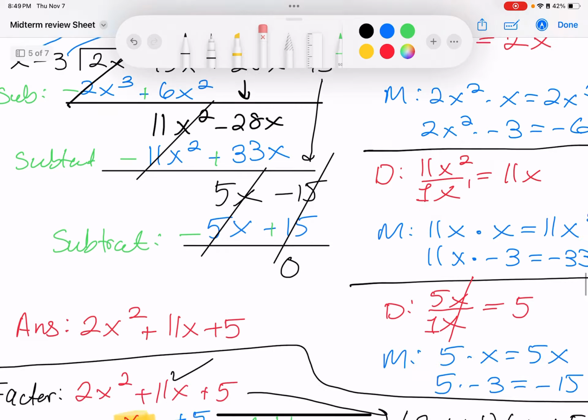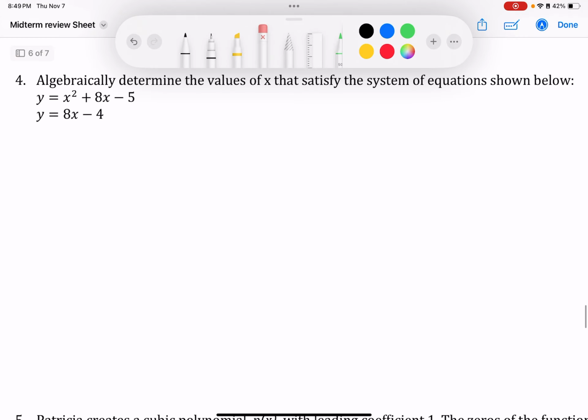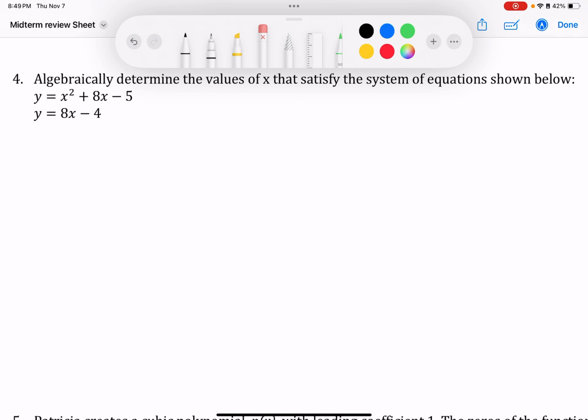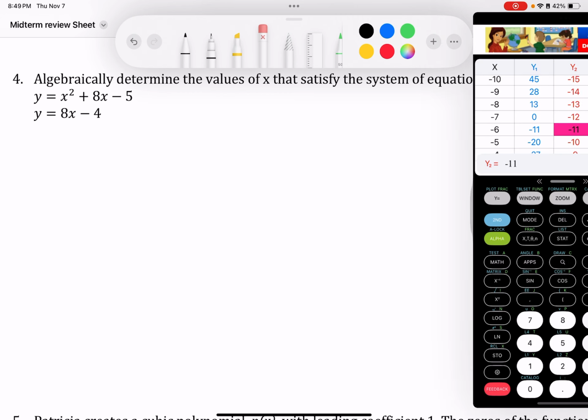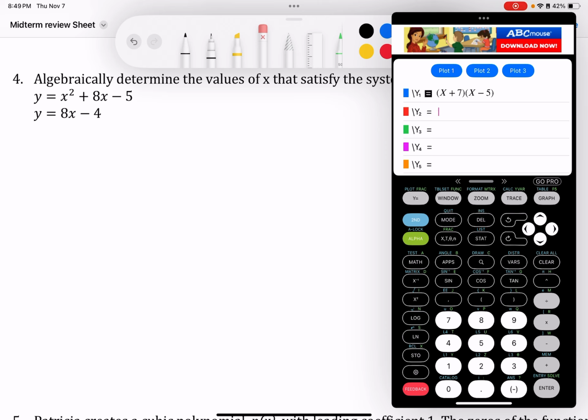Because I'm deciding actually to do this one as well. So what you're going to do is, for short answer number 4, we're going to do the same thing, y equals x squared plus 8x minus 5.